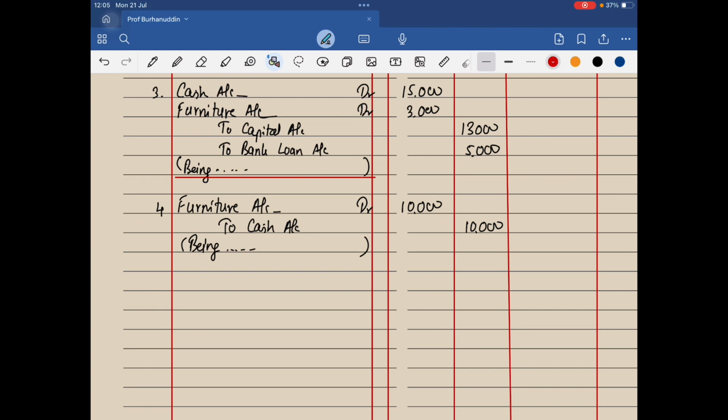I am not going to write the narration henceforth. It is understood because it is very easy for us to just copy and paste. वो नहीं करना है मुझे. I will be doing little more transactions with you from analysis part to the journal part, so that it becomes very easy for you, and it is on a practice. Okay.